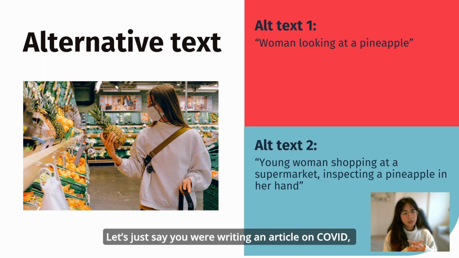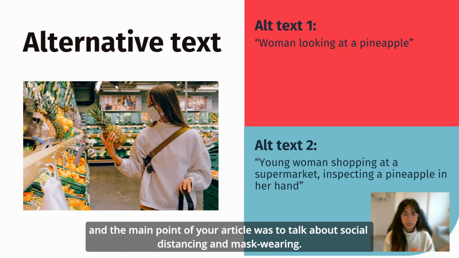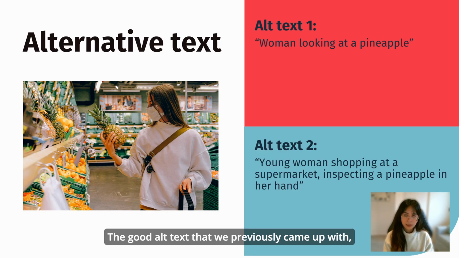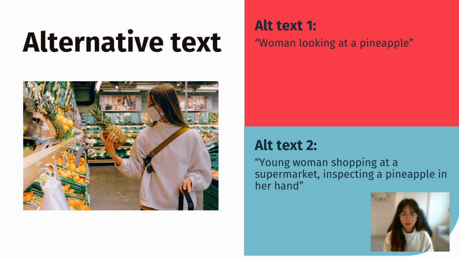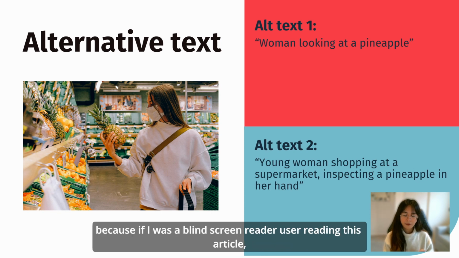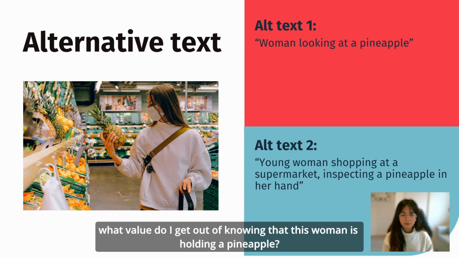So let's just say you are writing an article on COVID and you had this image, and the main point of your article was to talk about social distancing and mask wearing. So the good alt text that we previously came up with probably won't be appropriate anymore, because if I was a blind screen reader user reading this article, what value do I get out of knowing that this woman is holding a pineapple?